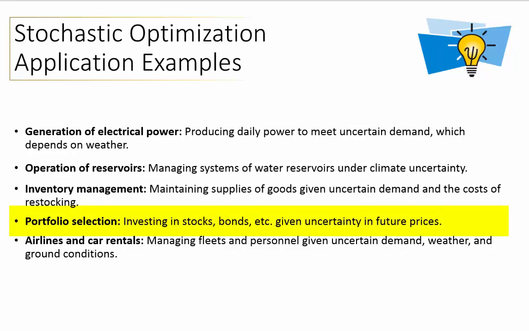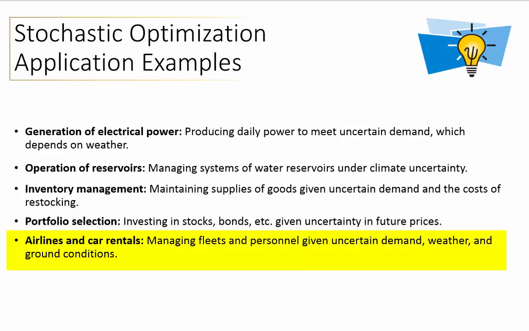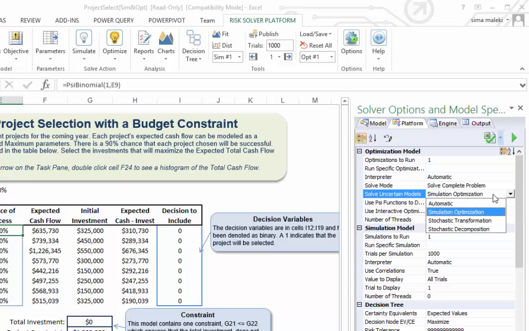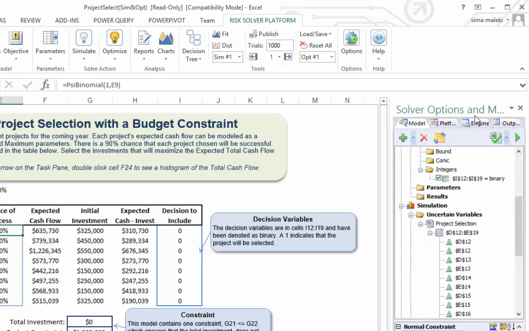In portfolio selection, investments must be made in stocks, bonds, foreign currencies, and the like, given uncertainty in future prices. And in airlines and car rental applications, the fleets and personnel must be managed given uncertain demand, weather, and ground conditions.